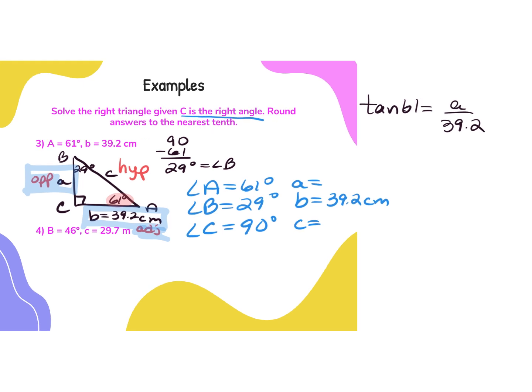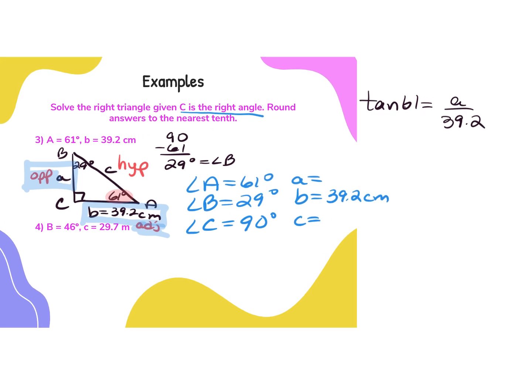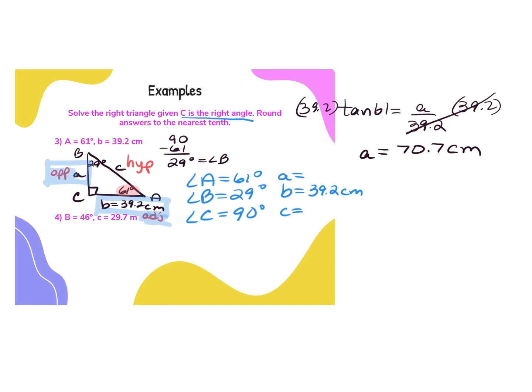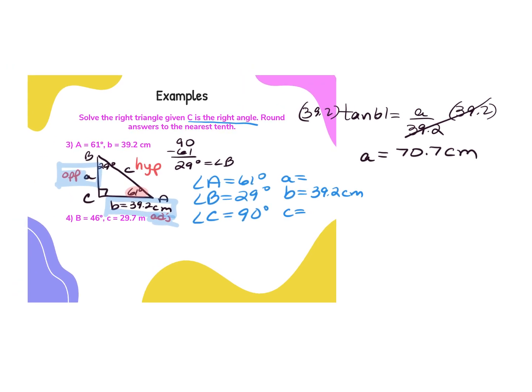And again, when the variable is in the numerator, all we're doing is multiplying by that denominator to solve, because it cancels it from the right side. And now on your calculator, 39.2 times the tangent of 61 is going to give me A rounded to the tenths place, 70.7 centimeters.